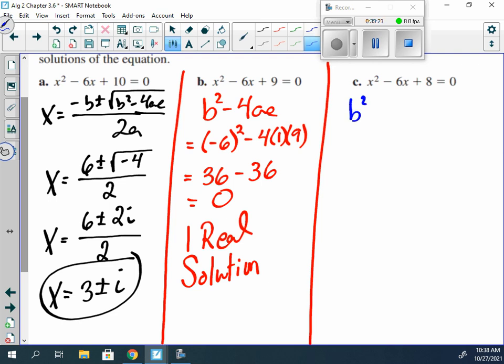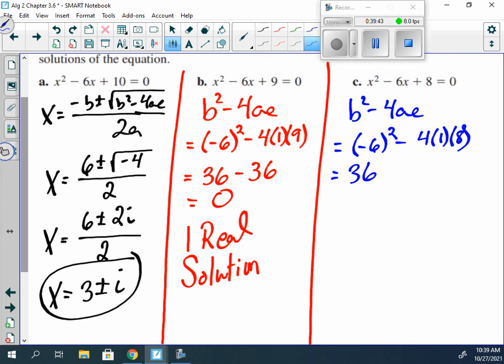Now the last one, b squared minus 4ac. Apparently they don't like changing the value of b for any of these. So b is still negative 6 squared minus 4 times 1 times 8.